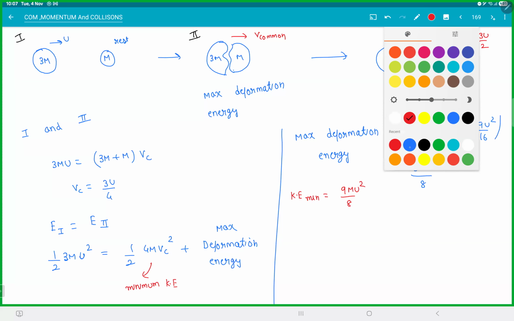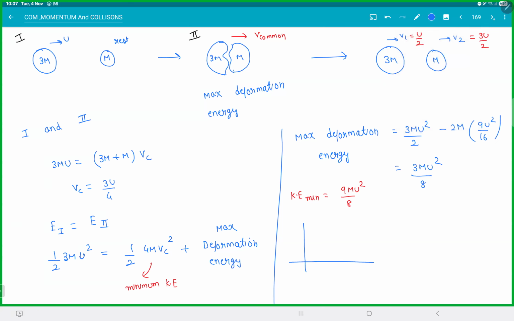So if you actually try to plot the graph, kinetic energy versus time approximately. So this was that initial energy. As the collision starts, your body starts getting deformed, your energy will decrease, and then again you will recover and come back to the normal. This is your KE minimum. Kinetic energy is not constant, it decreases.